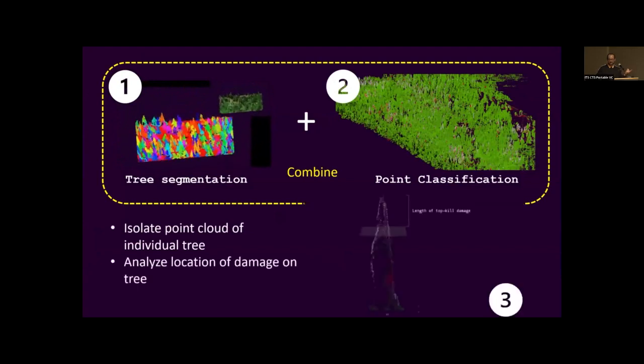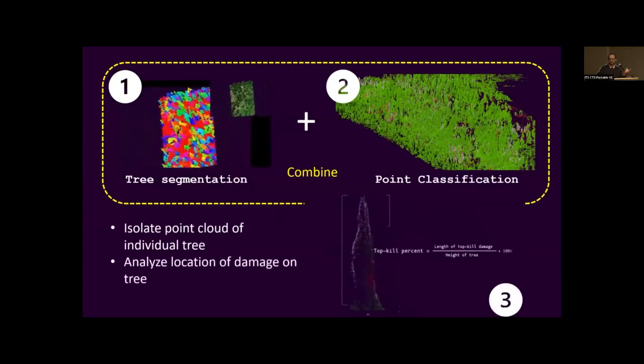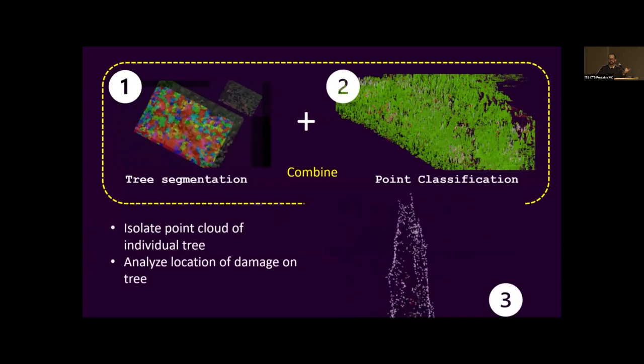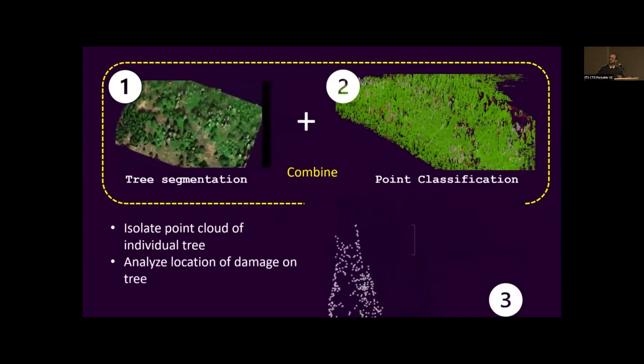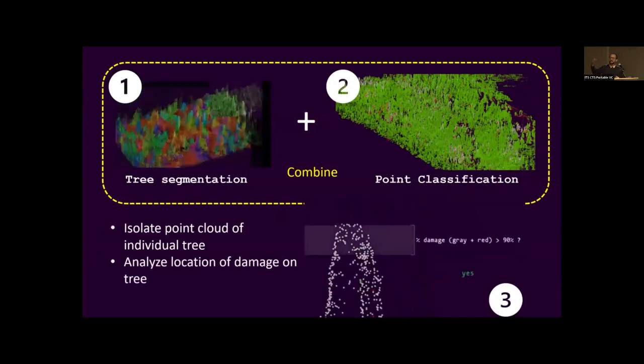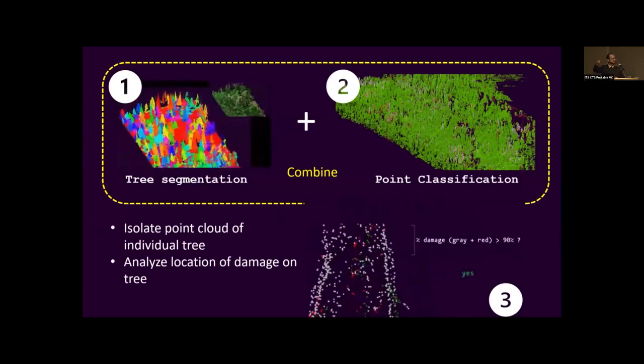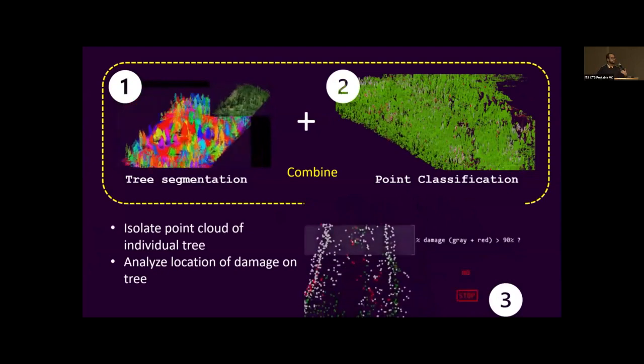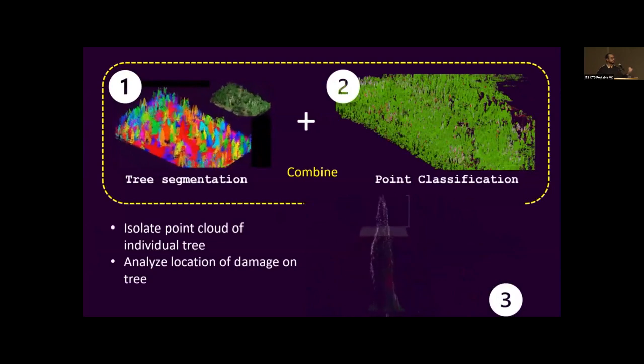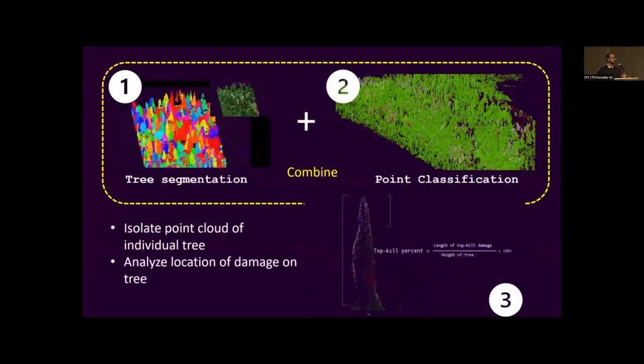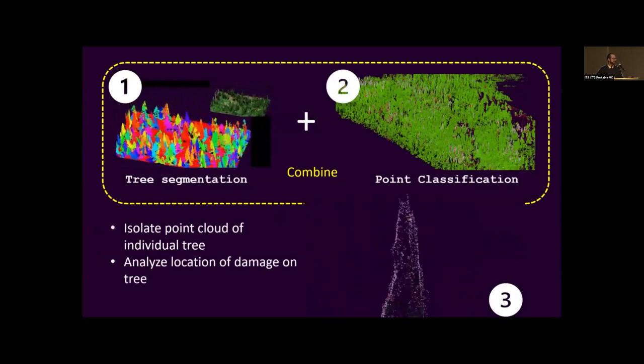Then I analyzed the location of damage on each individual tree, going from the top of the tree, as you can see in the animation, and analyzing each height bin of that tree to see where the damage started, stopped, and ended, and based on that, classified those trees into different damage classes.